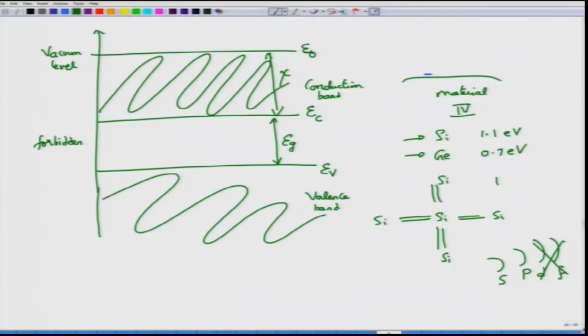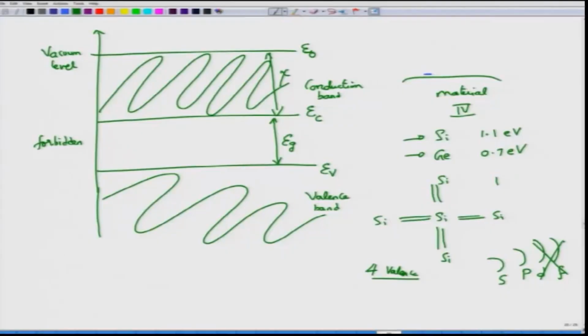The meaning of group 4 is that each silicon atom shares with 4 neighboring atoms, and it has 4 valence electrons, which means that each silicon atom in the material can potentially contribute 4 electrons to the conduction band, provided there is sufficient energy to raise these electrons from valence to conduction band. So, that is the meaning of group 4 elements.